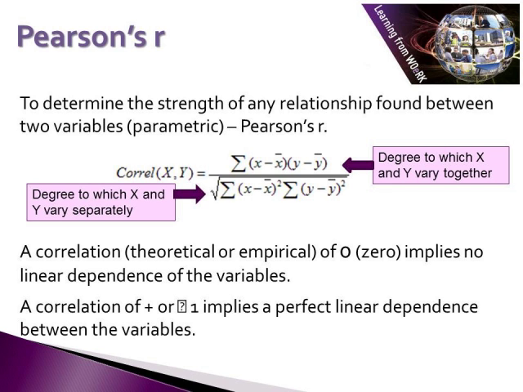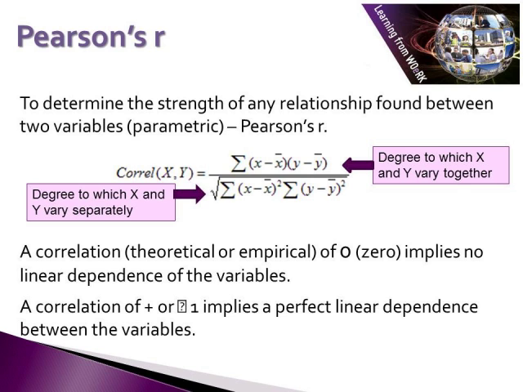The equation on the top line shows the degree to which x and y vary together, and the bottom line shows the degree to which x and y vary separately. This is a measure of variance. It's a measure of the variances that is measured by the sum of products rather than the sum of squares. We'll deal with sum of squares later.